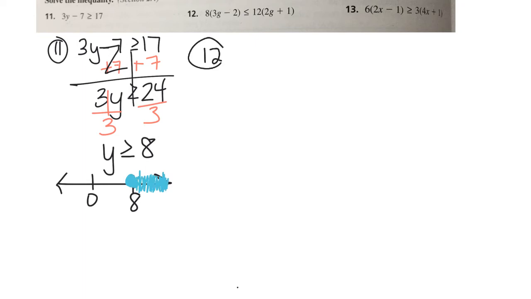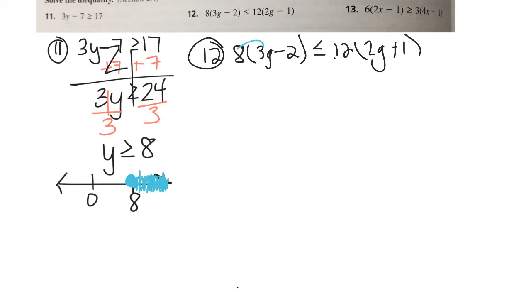Number 12. 8 times 3g minus 2 less than or equal to 12 times 2g plus 1. So we need to distribute. 8 times 3g is 24g, and 8 times 2 is 16, so minus 16, less than or equal to, let's distribute the 12.